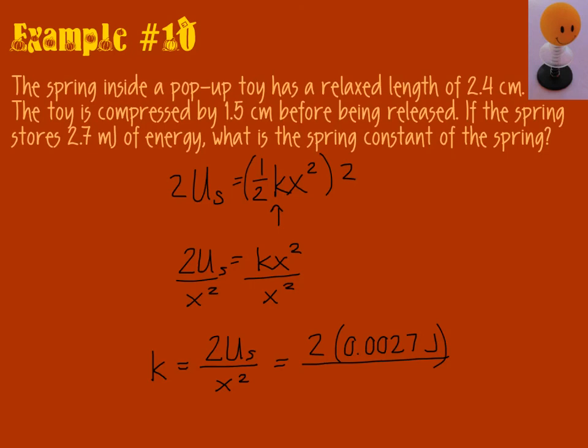That doesn't have to do with what its original length was. So the value that we plug in into our denominator here is this 1.5 centimeters, except we have to convert it first. 1.5 centimeters is really equal to 0.015 meters. And of course it's important to square that value. When I plug all of this into my calculator, I end up getting that the spring constant of this spring is equal to 24 newtons per meter.